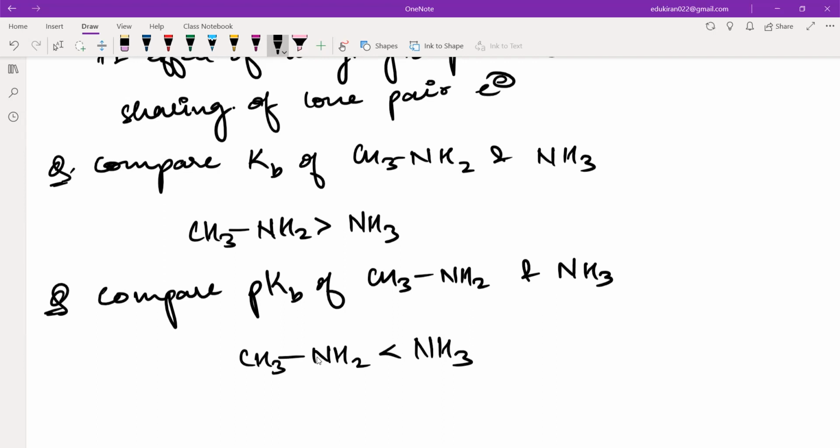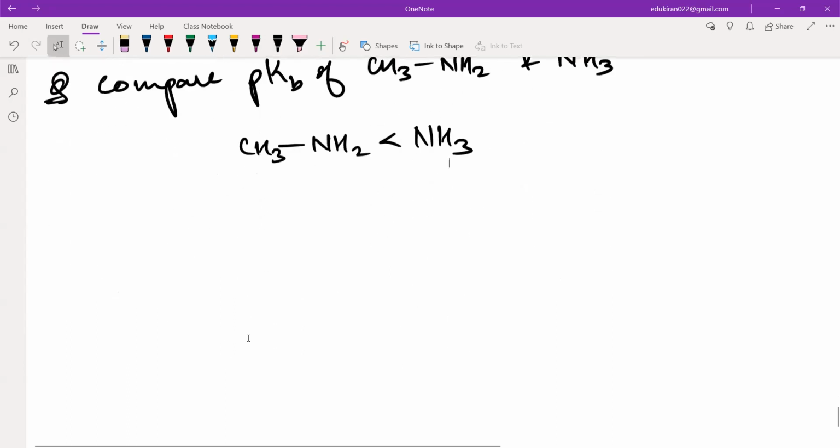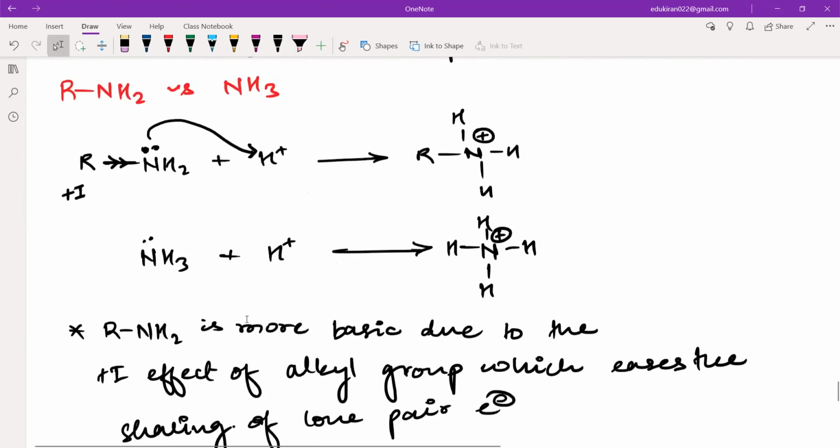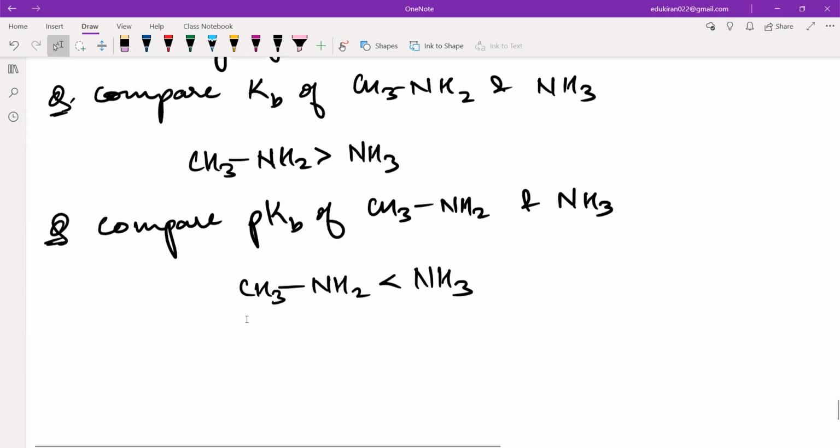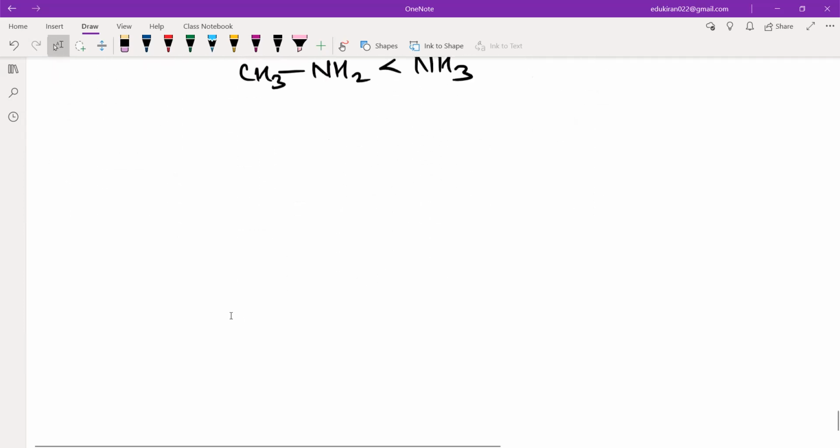Yes, sir. Okay. Next is one distinction of the basic character in the aqueous phase and the gas phase when we compare the basic character of amines. Comparison between 1 degree, 2 degree and 3 degree.